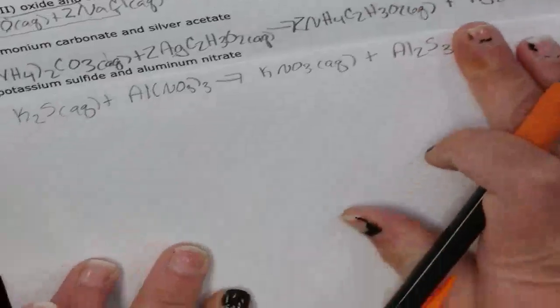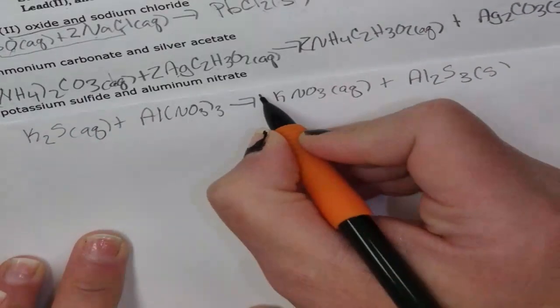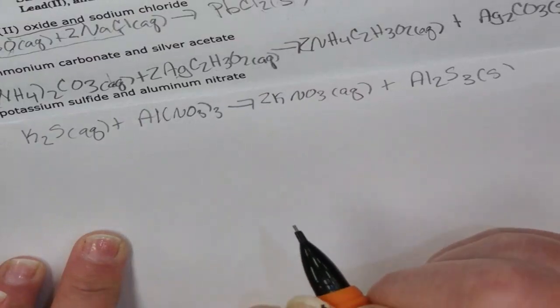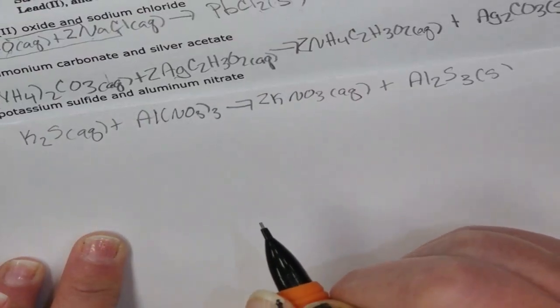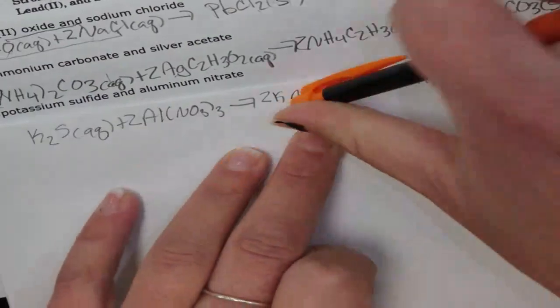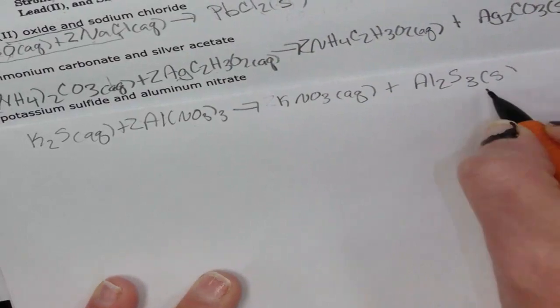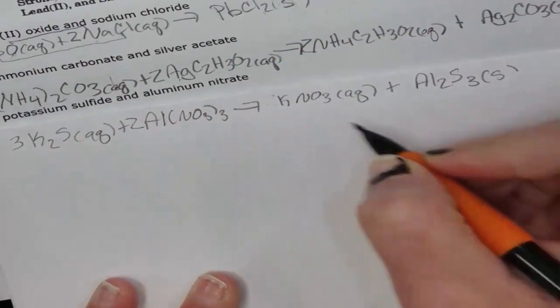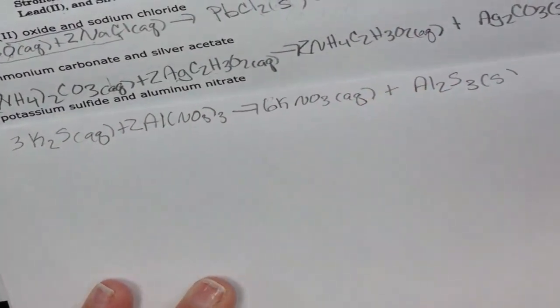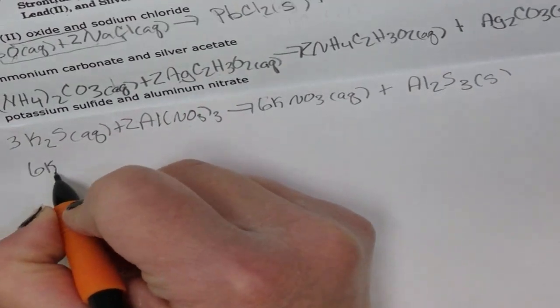All right, so for my complete ionic equation, I first have to balance my overall equation. All right, so there we go. So we balanced our equation. I have 6 potassium ions.